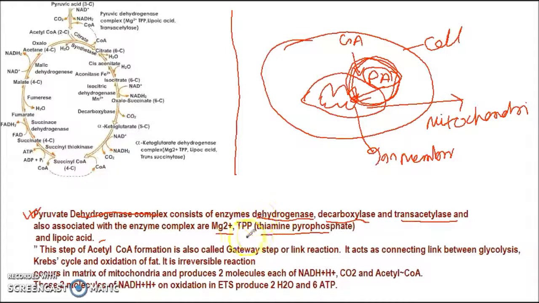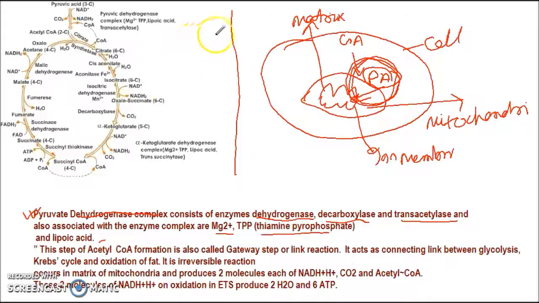Together these enzymes are called pyruvate dehydrogenase, a complex reaction that takes place at the inner membrane and then in the matrix of the mitochondria.